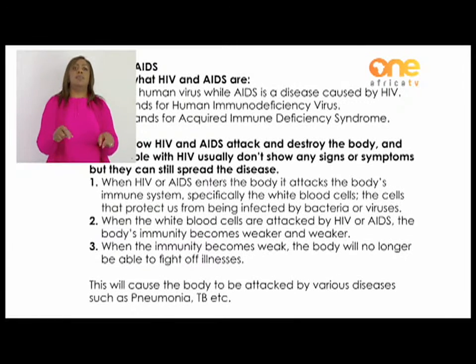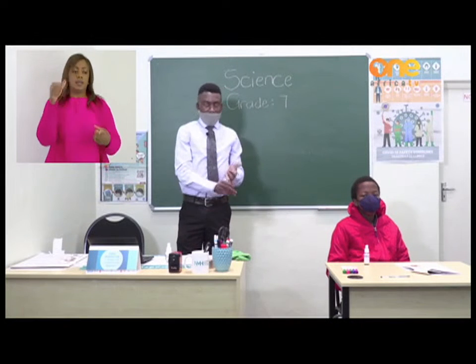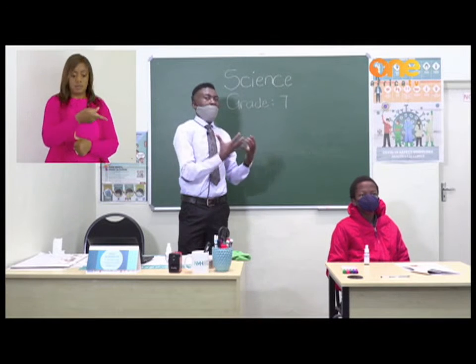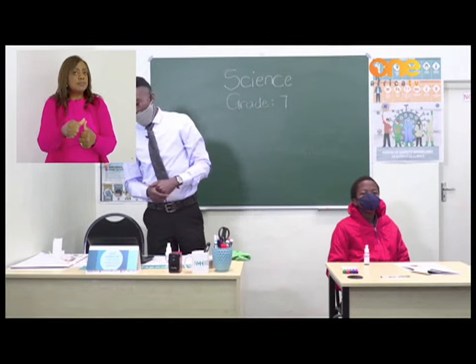So in today's lesson, we have looked at different ways of showing affection that are safe. These include hugging, kissing, shaking hands, and many more, so long as you make sure that what you are doing is safe and will not result in you getting STDs such as HIV and AIDS.